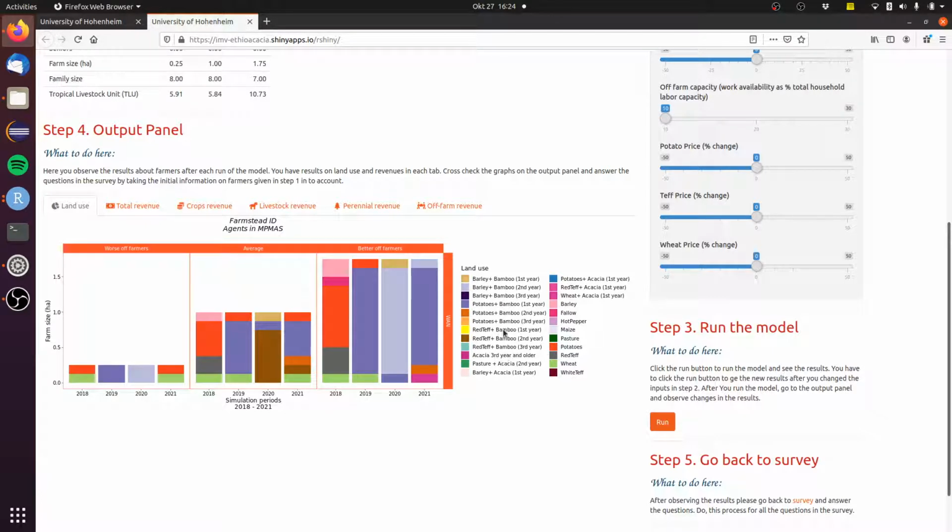So if you think this is more realistic, you just see all of the land uses by each agent, and then judge whether this could happen in reality, or whether this is inclined towards perennials, or whether this is too much potato, or whether this is too much bamboo or acacia decurrens.